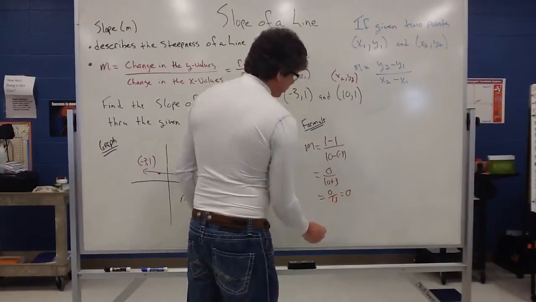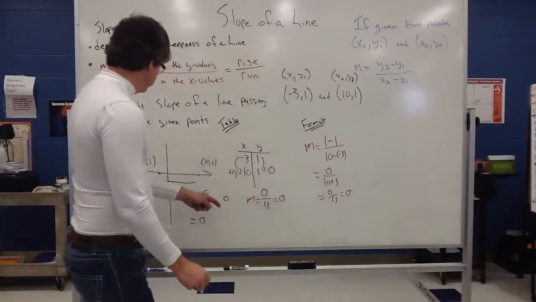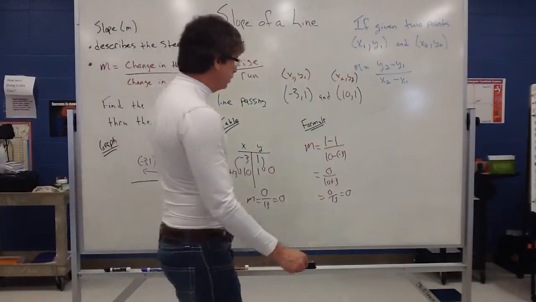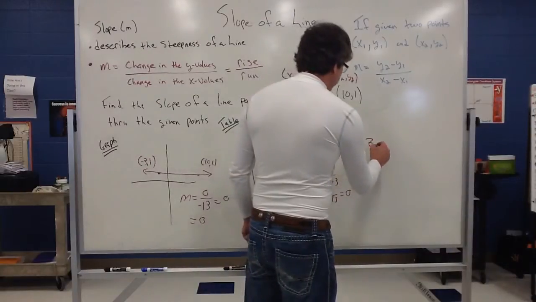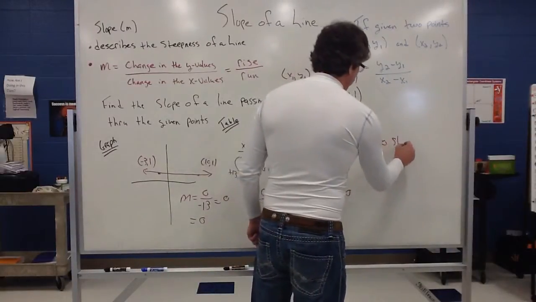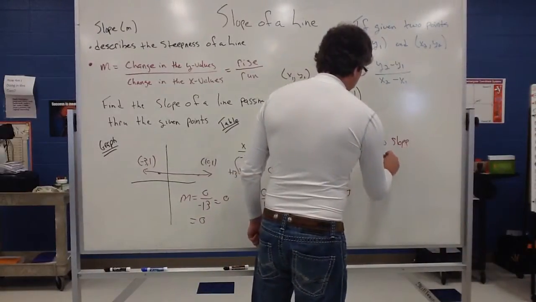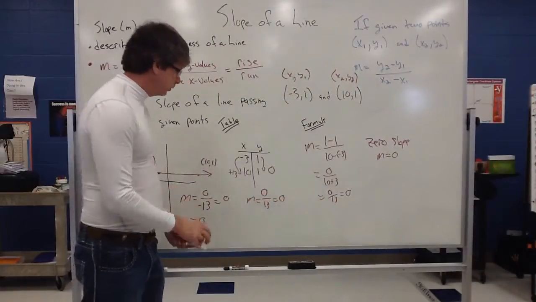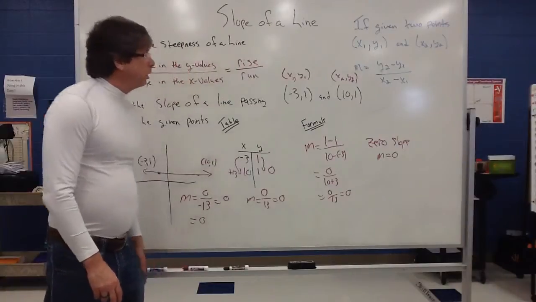And therefore my answer would be 0. So it doesn't matter which way we do it, we come up with that same answer. So we do end up with a 0 slope, or again, m is equal to 0. So either way, you can write that's going to be sufficient.